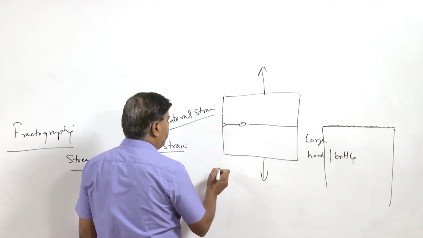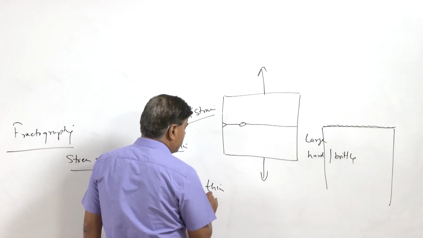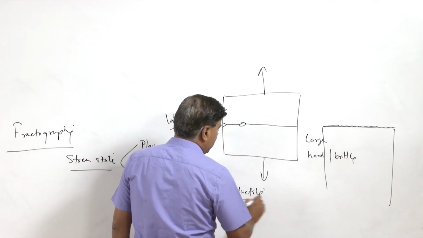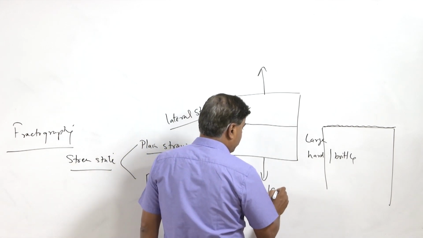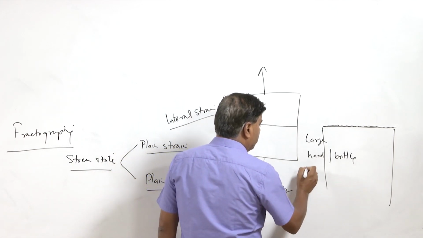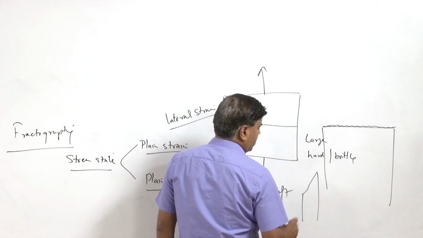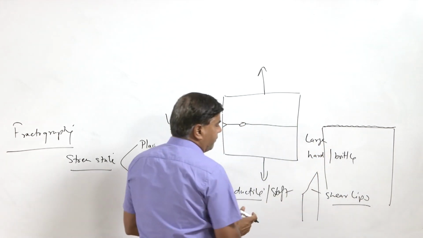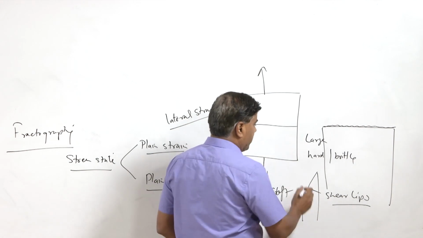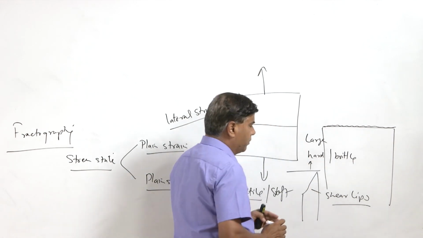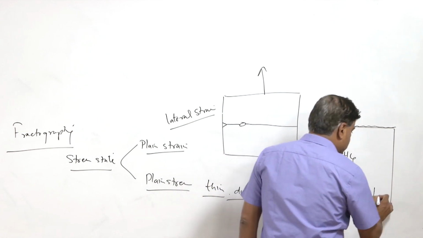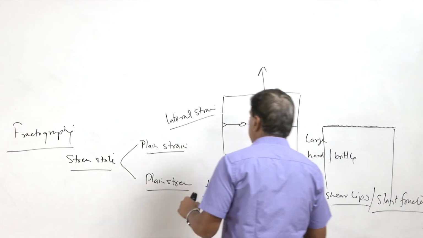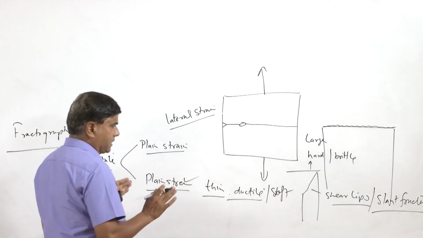This kind of condition exists when the section is thin or the material is ductile and soft. Under these conditions the material shows a slant fracture surface with shear lips, slant with respect to the externally applied load. So, shear lips and a slant fracture surface themselves indicate a plane stress condition.